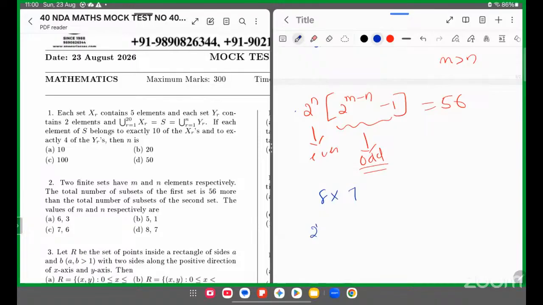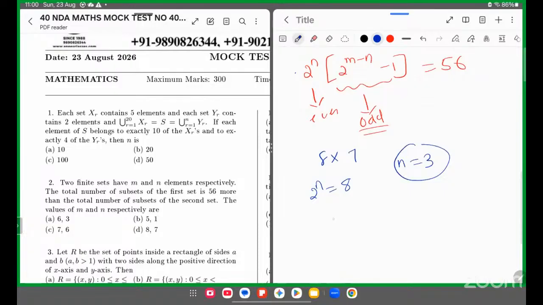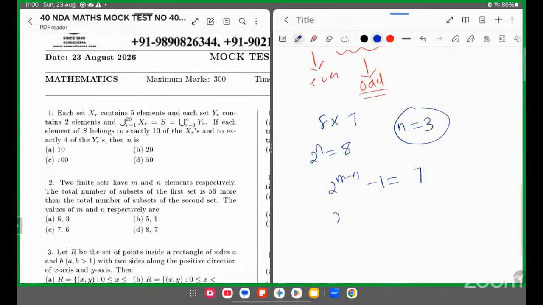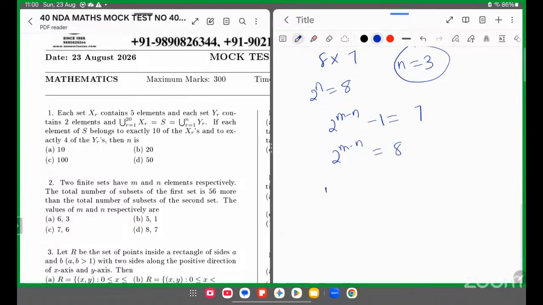So 2 raised to n becomes 8, so n is 3, and 2 raised to m minus n minus 1 equal to 7. So 2 raised to m minus n becomes 7 plus 1, which is 8.